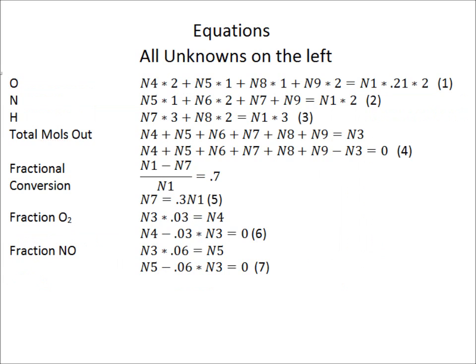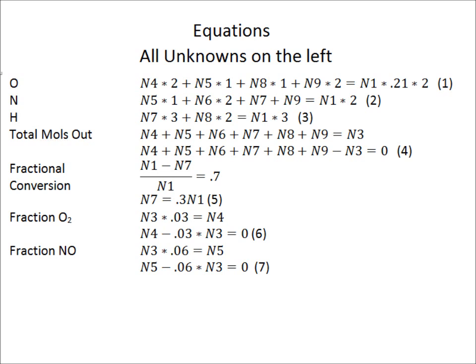Next, we write all of our equations in terms of our unknowns. We need to make sure that all of our unknowns are on the left-hand side of the equation and all of our knowns are on the right-hand side of the equation. This way we can enter them all into a matrix in Excel and solve the problem. What this means is that for total moles out, we have to subtract N3 to move it over to the left side of the equation.